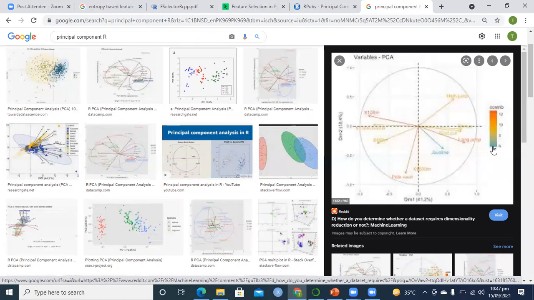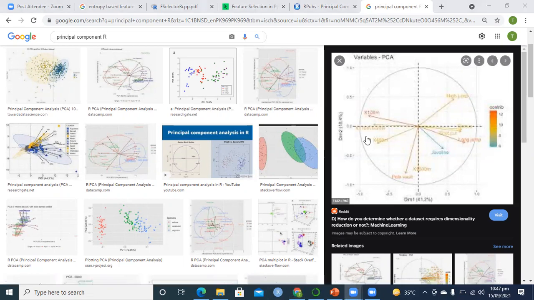If the line is green, that means the contribution of that variable is very small or very low. So based on the red, green and yellow lines, you can see which variable is important and which variable is less important or not important.